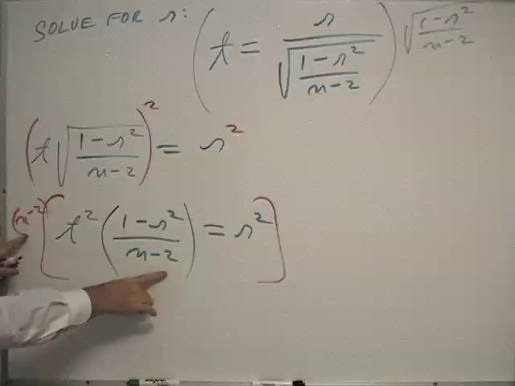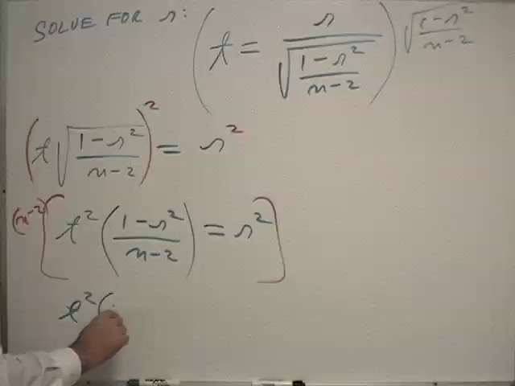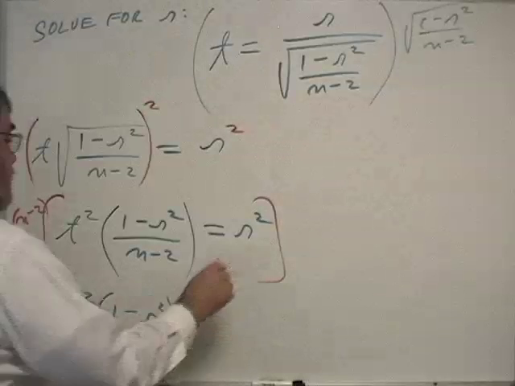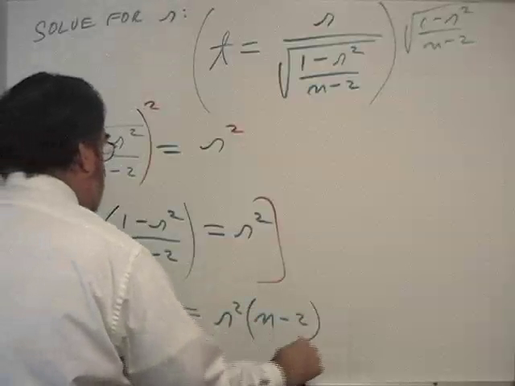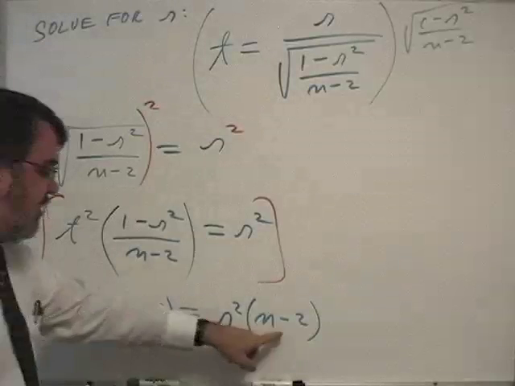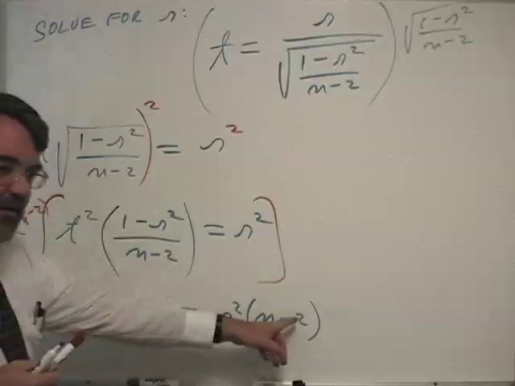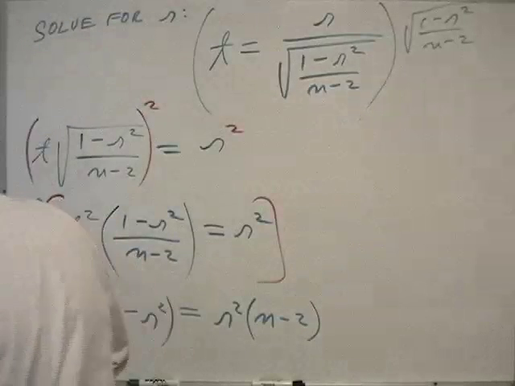Now on the left side, the n minus 2's cancel, so that gives me T squared, parentheses, 1 minus R squared, equals R squared times, parentheses, n minus 2. So that canceled that denominator. It sort of transferred the n minus 2 to the right side. And now it doesn't look so bad to me because we got rid of the square roots, we got rid of the fractions. And I need to make room on my board, so let me do some erasing.